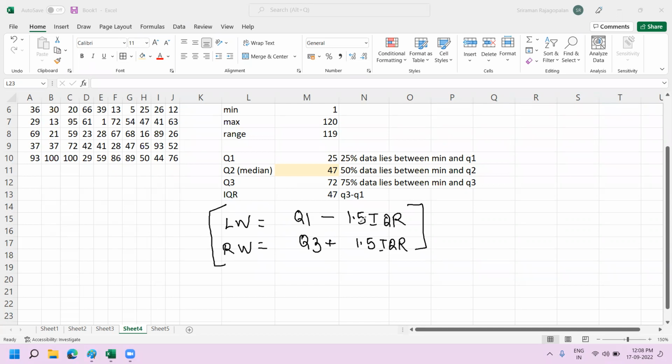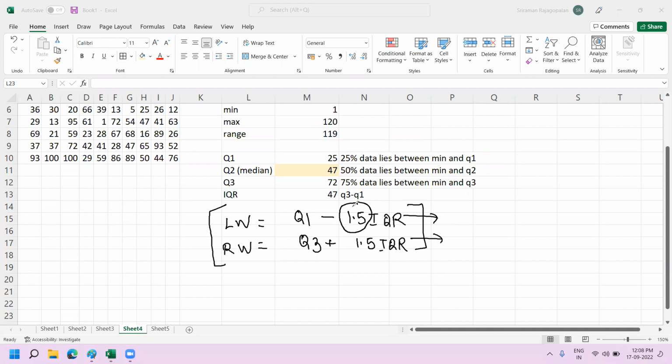One thing to remember is that this value, 1.5, is a customizable number. This is the default that can be used when things are good.